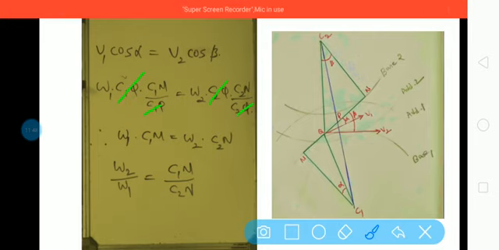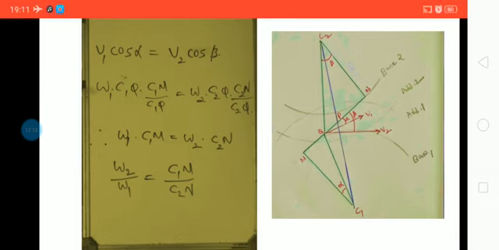Omega 2 by omega 1 is called the velocity ratio, where omega 1 is the driver and omega 2 is the driven link. That ratio of output to input velocity is called the velocity ratio. So omega 2 by omega 1 equals C1M by C2N.